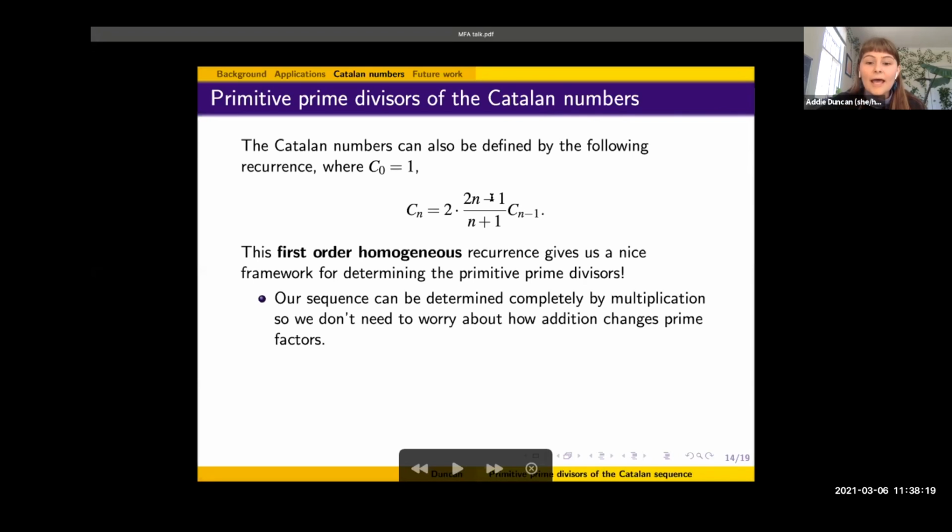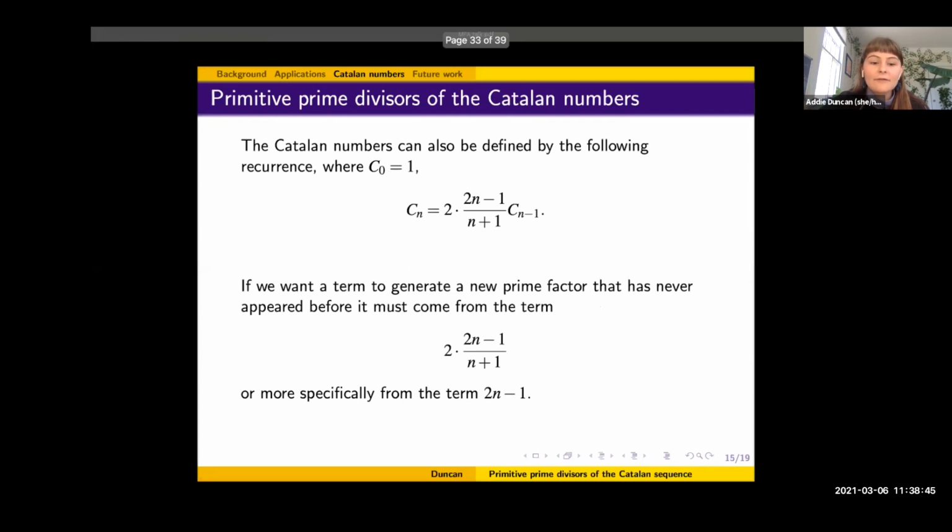This gives us a really nice framework for thinking about primitive prime divisors, because our sequence has a multiplicative construction. We don't have to worry about how addition or subtraction is going to change our sequence as we increase our terms, which makes it easier for us to deal with prime factors, since we don't really know a lot about how addition changes prime factorizations.